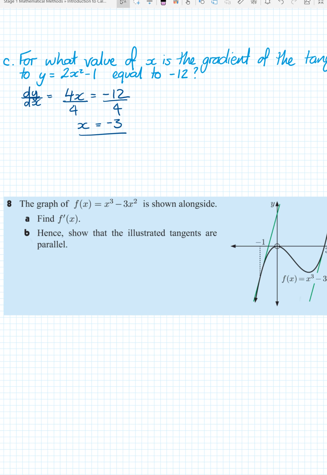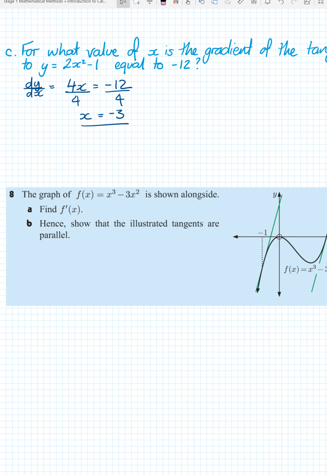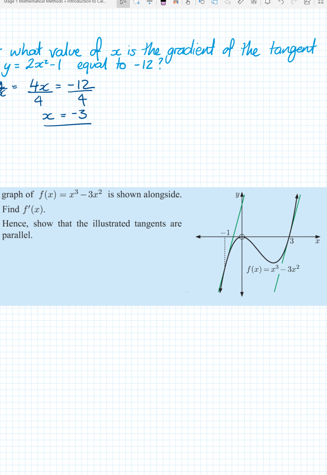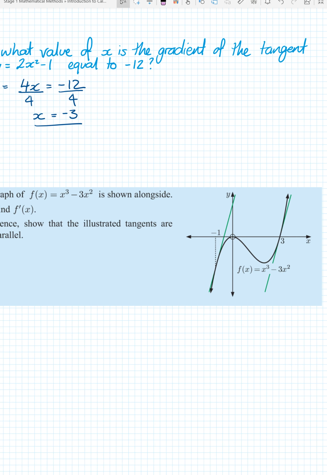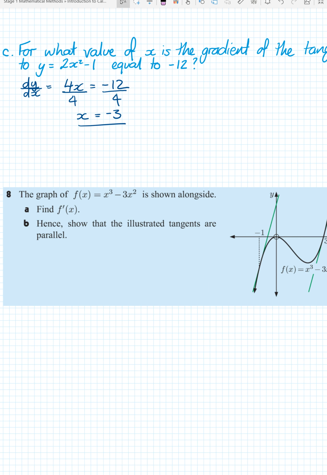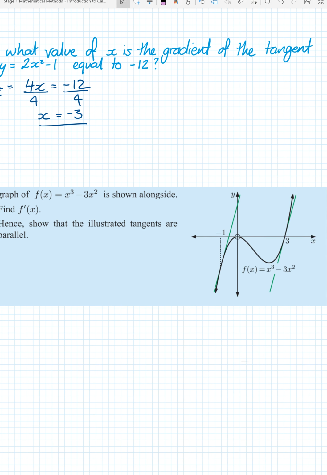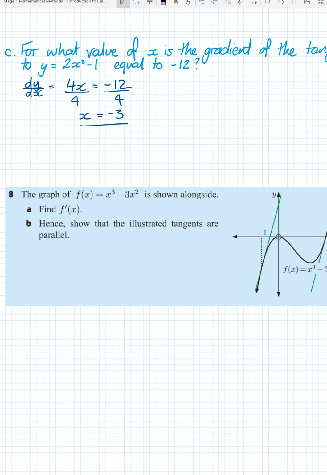Okay. Here we have our graph of f(x) equals x cubed, sorry, minus 3x squared. And it says find f'(x). And then hence show that the illustrated tangents are parallel. So this is the one now that we can use our pattern, because it doesn't say we need to use first principles. So we can find f'(x) using the pattern.